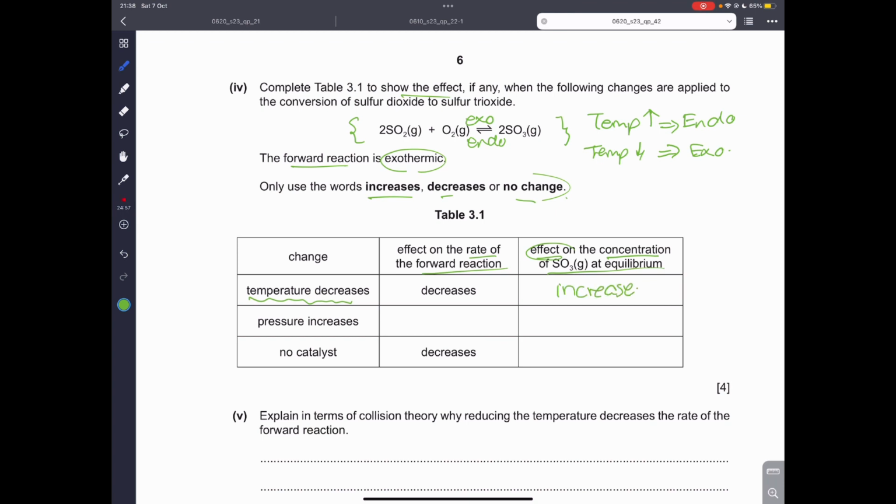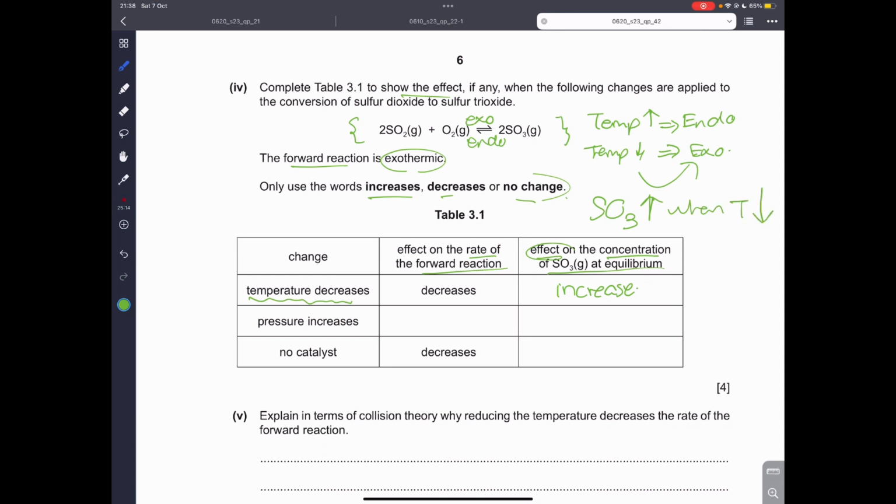Why is it like this? Well, if the temperature decreases, it favors the exothermic reaction, which is the forward reaction. So more SO3 is going to be produced when the temperature is really low.